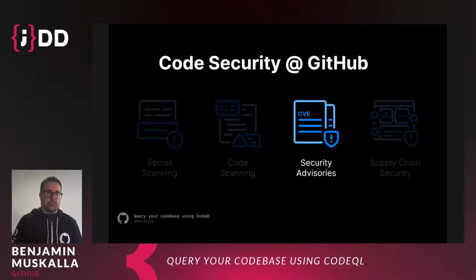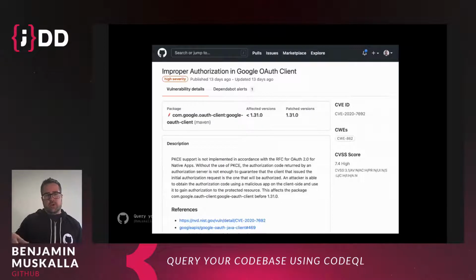Another large undertaking we've been doing in the last year or so is to host the security advisories and to enable all the projects on GitHub to report their own vulnerabilities. So if you're a project and you have some consumers and somebody, for example, finds a security vulnerability in your library, GitHub helps you to submit the right CVE for it.